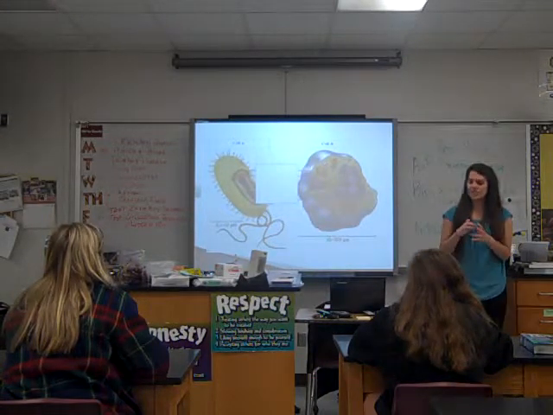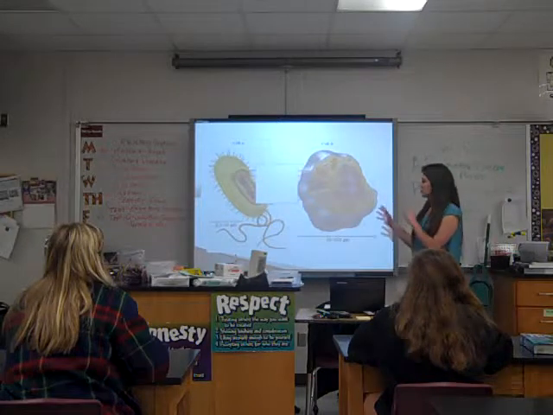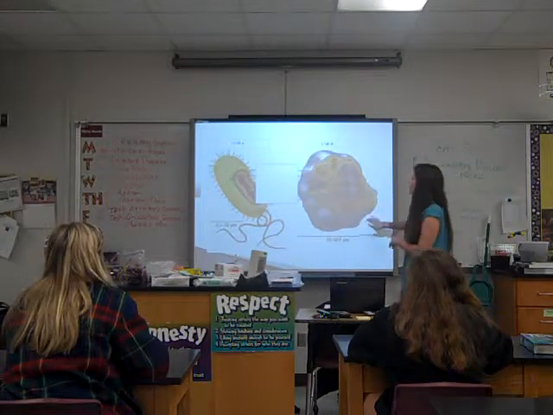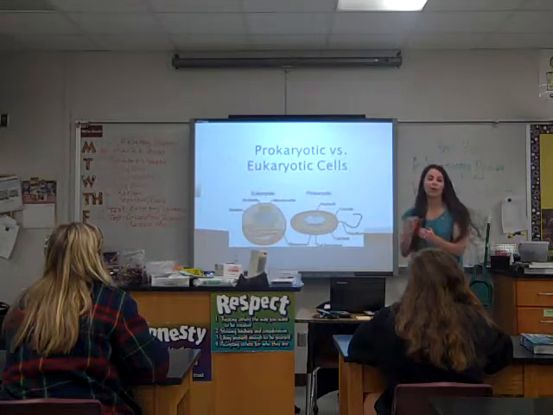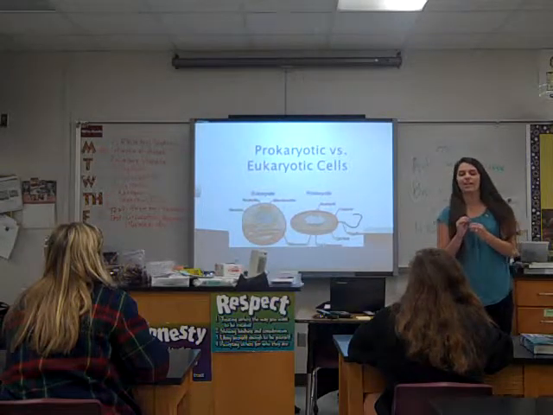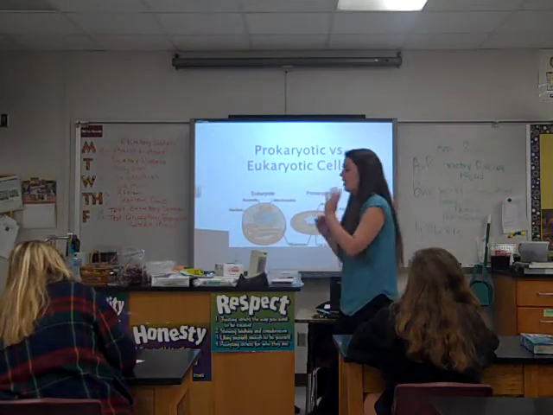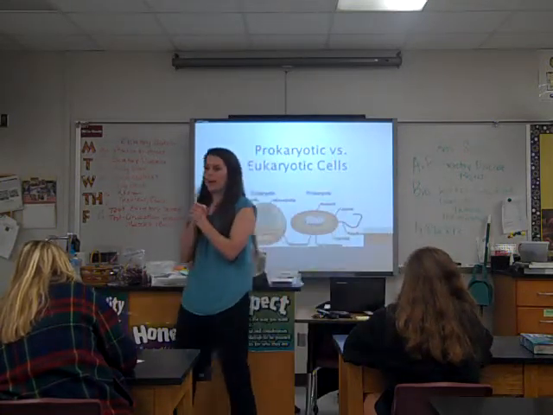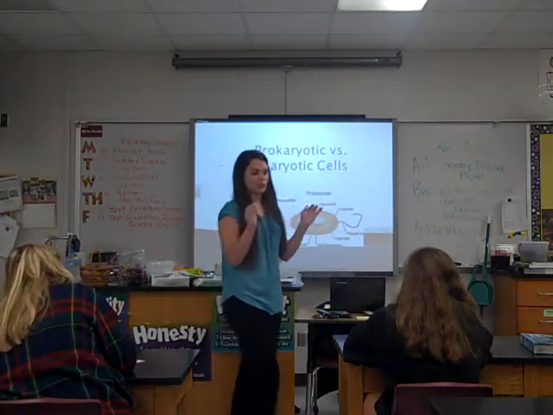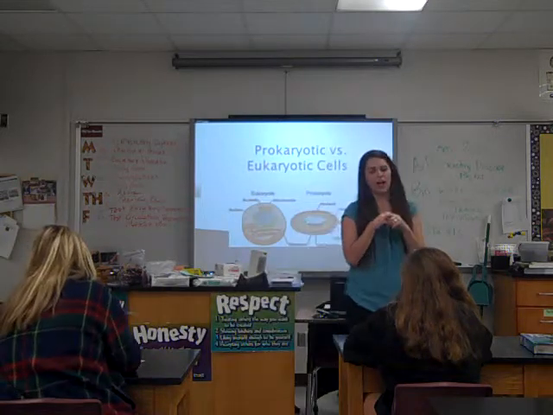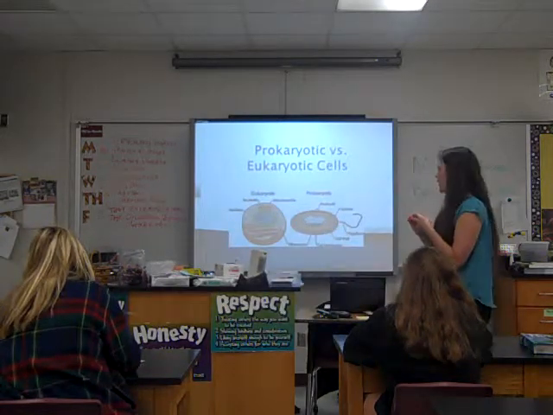Okay, so these two cell types that you guys just discussed and figured out some differences between are actually prokaryotic and eukaryotic cells. All cells, not just within our bodies but in general, are either prokaryotic or eukaryotic.